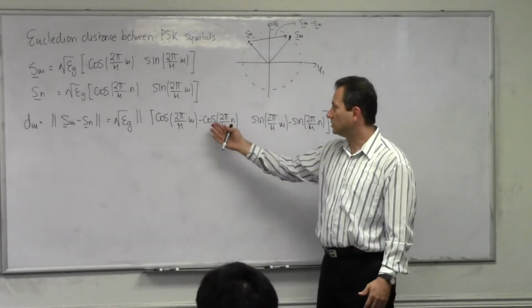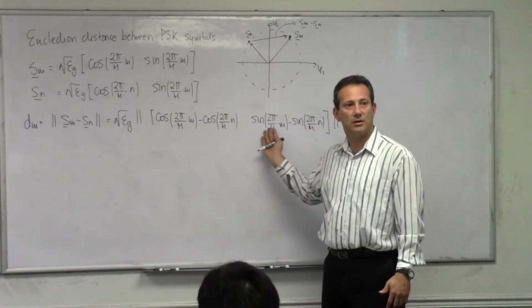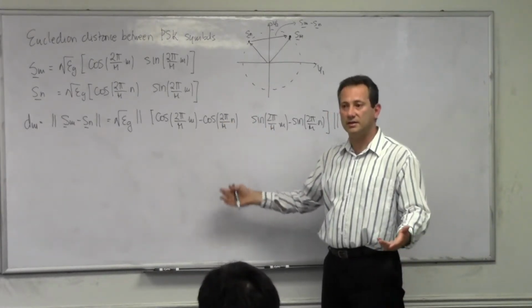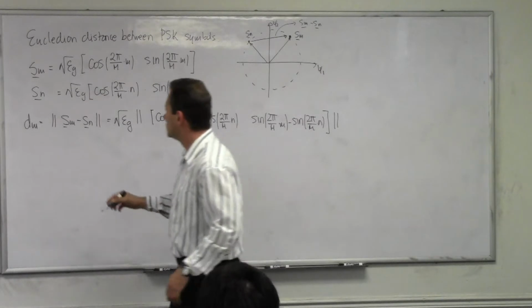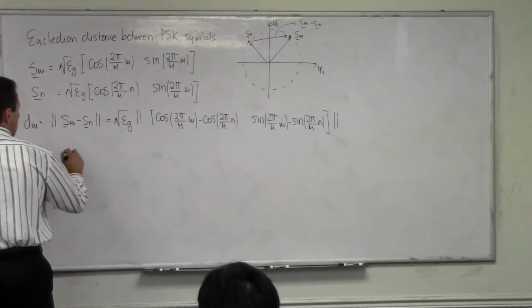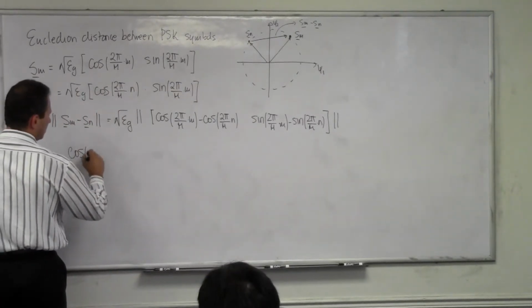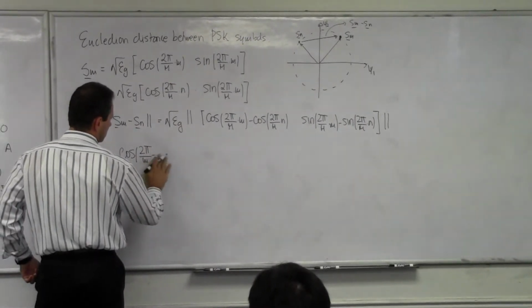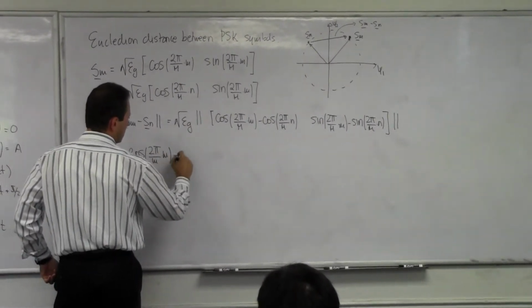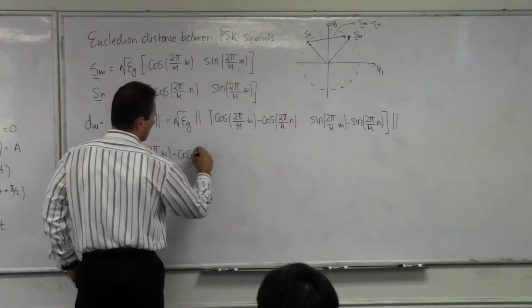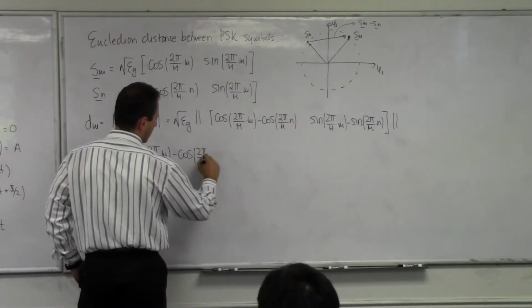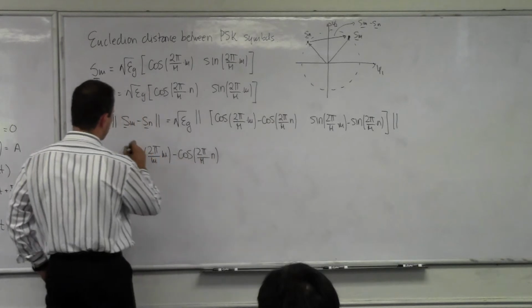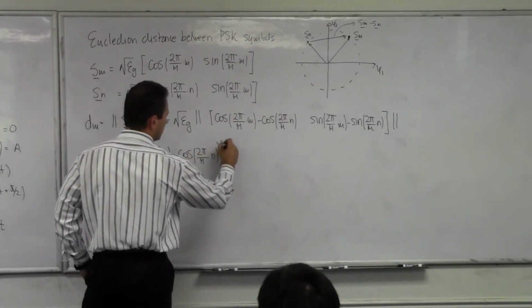So what I need to do is to take the squares of these 2 coordinates and then add them together and take the square root, right? So this becomes cosine 2 pi over M times m minus cosine 2 pi over M times n. So that's my first coordinate, so let me square this one.